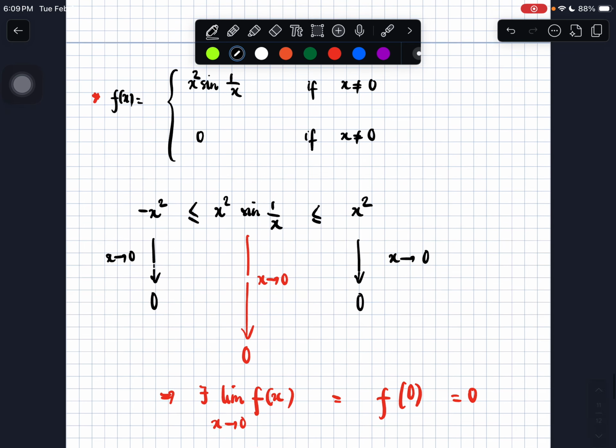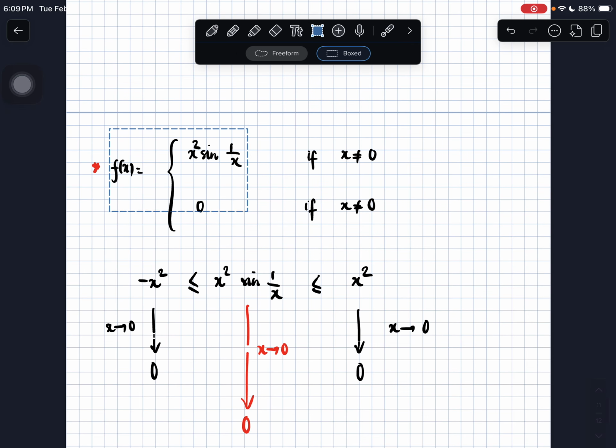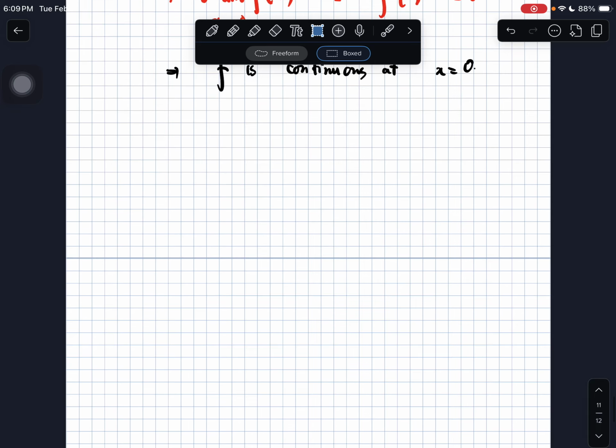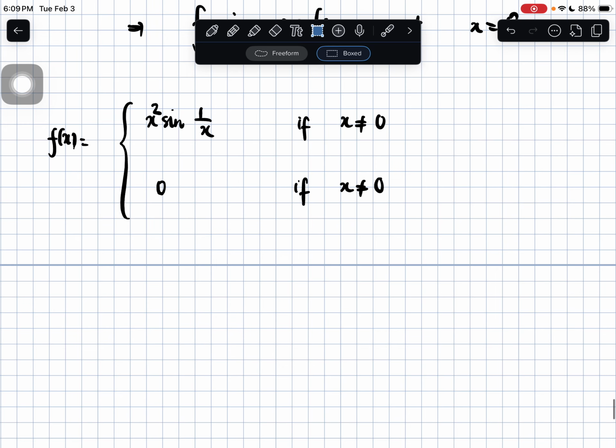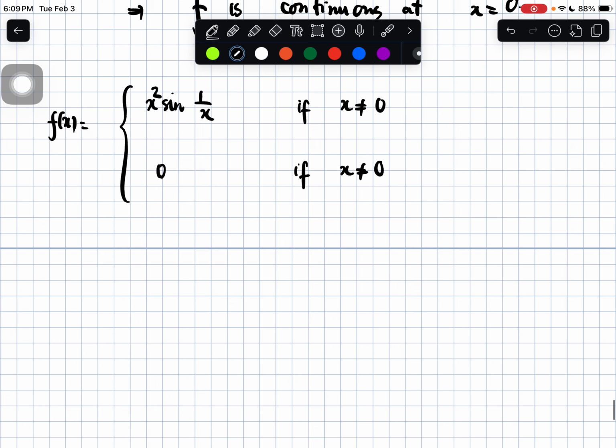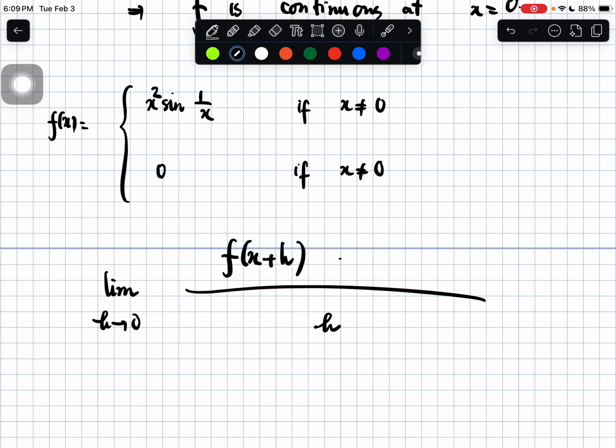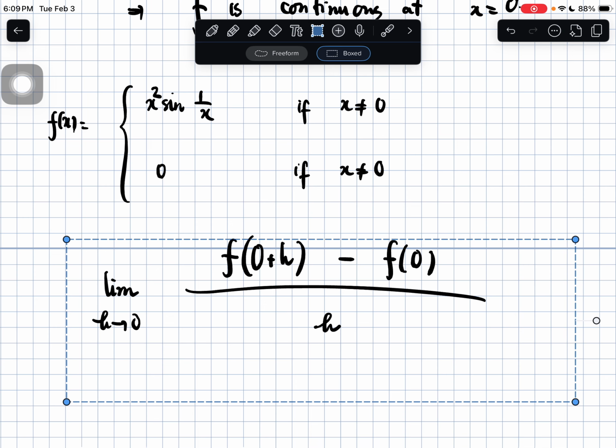And I check the differentiability. We use the definition again. We compute the limit when h tends to 0 of f of x plus h minus f of x. In our case, we want to check at the point 0, so f of 0 plus h minus f of 0. We want to see whether this limit exists.